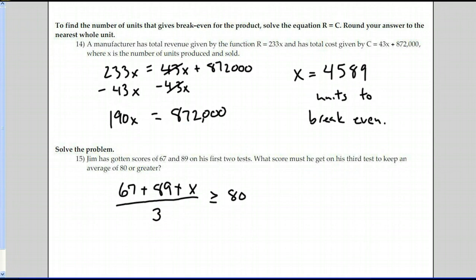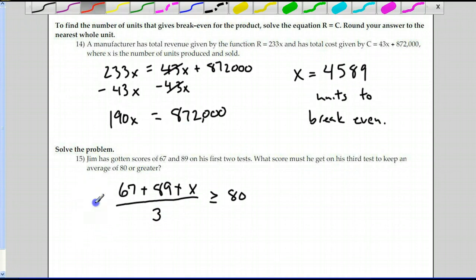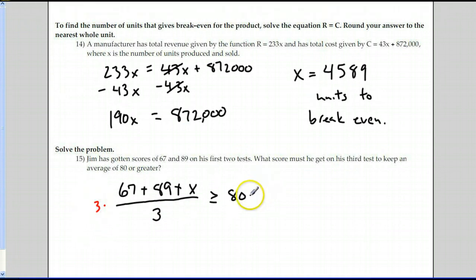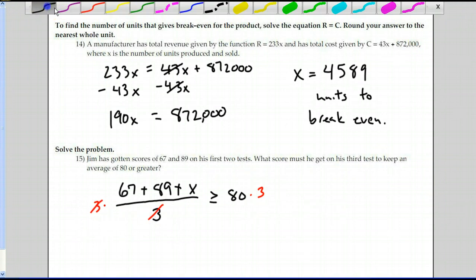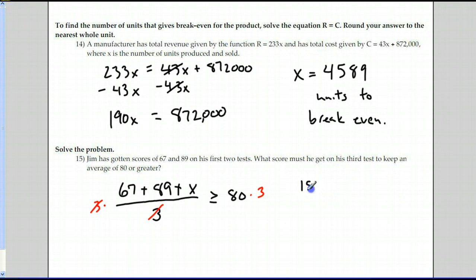Alright, now what am I going to do first? I'm going to multiply both sides of this by 3. That'll get rid of the denominator. Alright, 67 plus 89 is 156, plus X is greater than or equal to 80 times 3, which is 240.